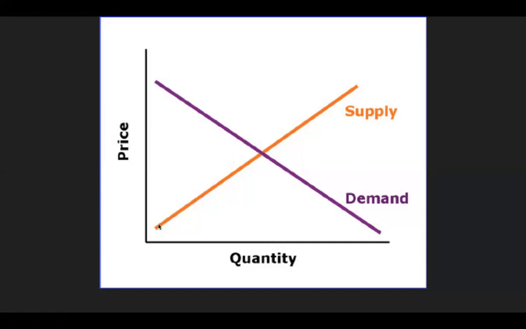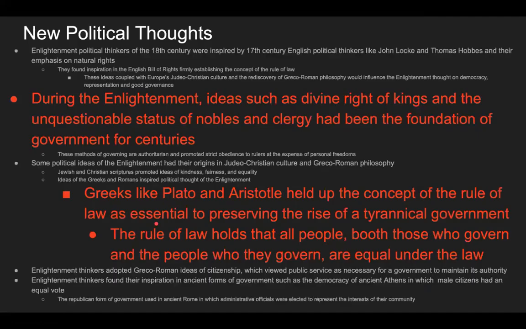But if you have a low supply, I don't know if you can see my mouse, if you have a low supply of, say, Yeezys, the demand is high, but the supply is low. If it doesn't make sense, hopefully I explained it well in class.